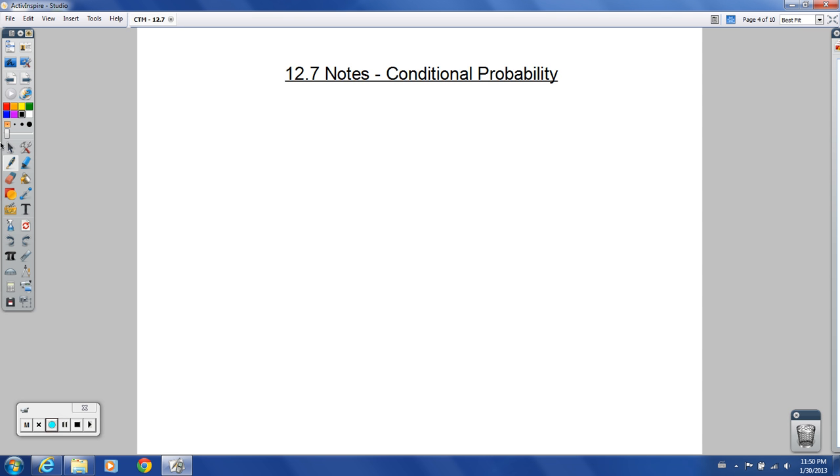Okay, so first of all, what is conditional probability? Let's define that, and then from there we can do some examples to flesh out the definition a little better.